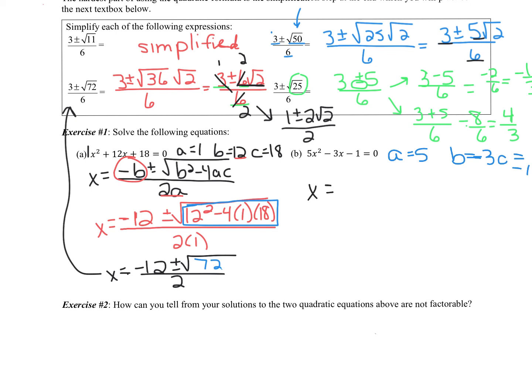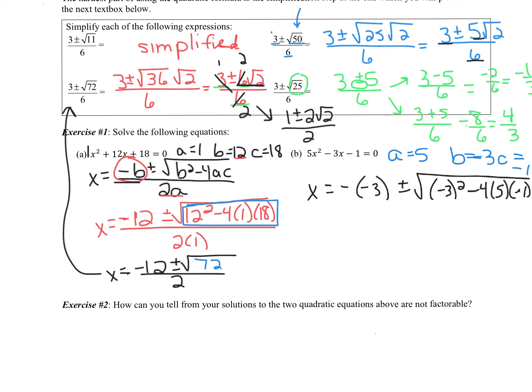So first off, my formula says negative b, so I need to write negative negative 3, plus or minus the square root of negative 3 squared minus 4 times 5, 4ac, times negative 1.